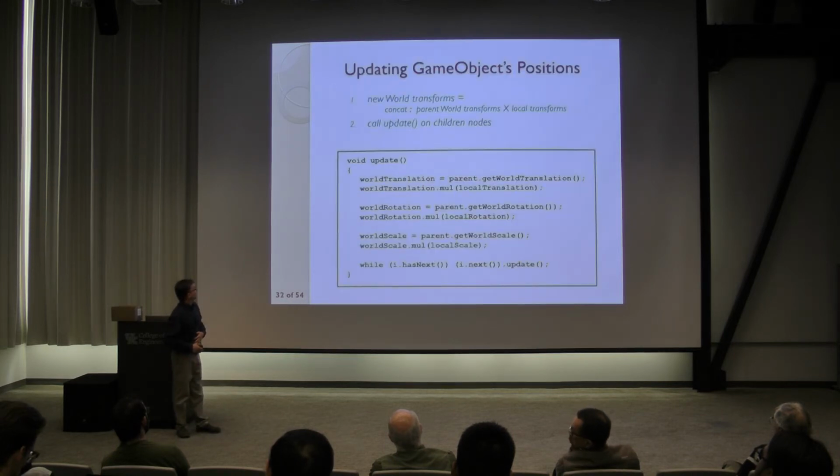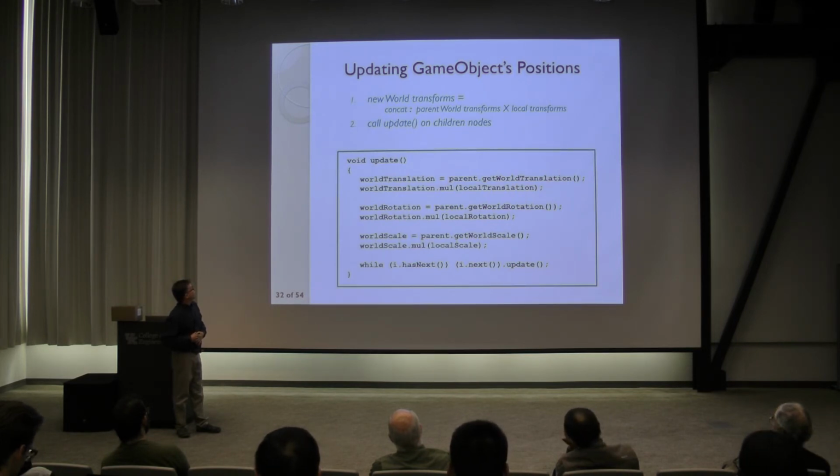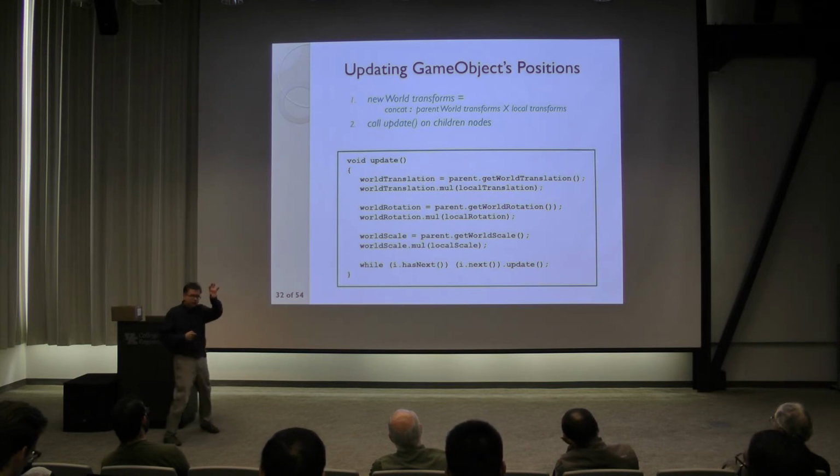So this just summarizes that. In order to update everybody, anytime a node moves or changes in any way, you have to update all its children. So what does update do?